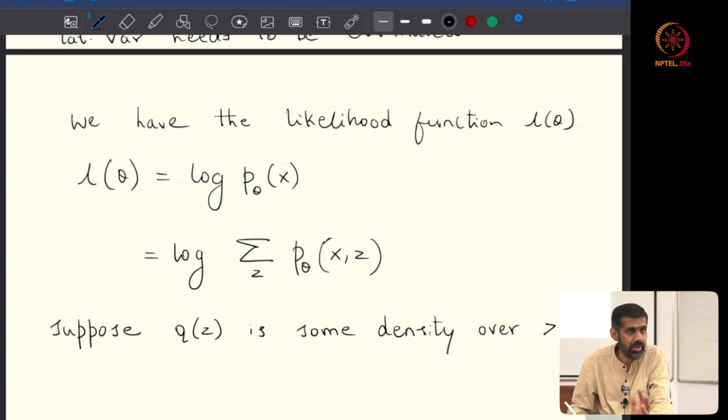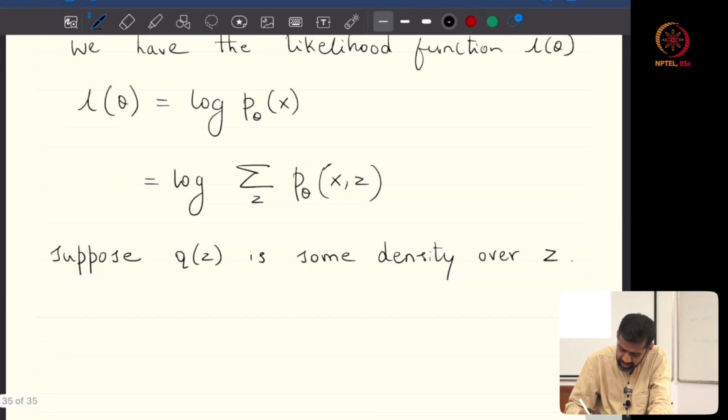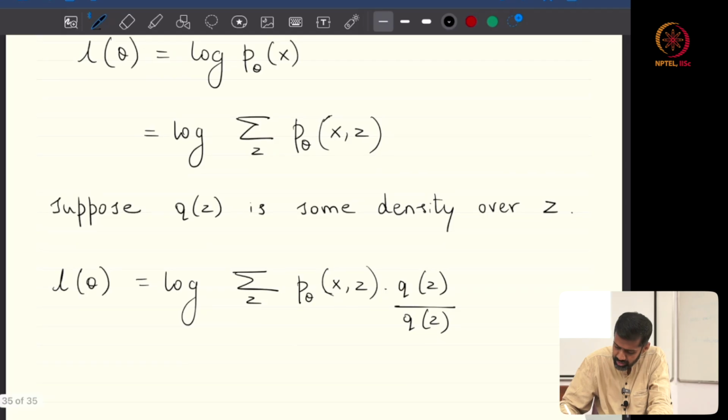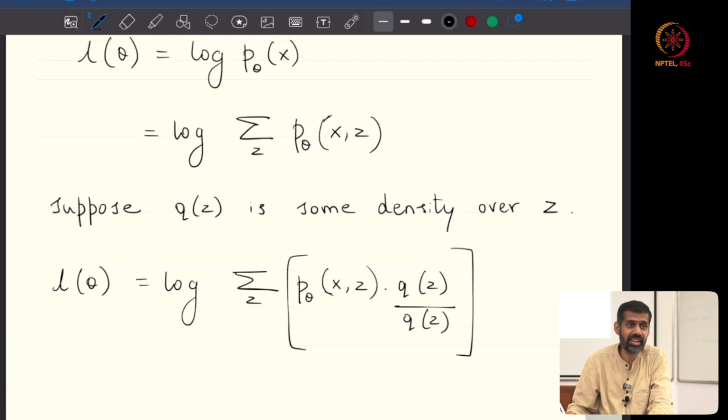Let q(z) represent some density over z, okay. Now what happens, L theta, this is the function that we want to maximize, I will write that as log of sum over z of p theta x and z, and I will just multiply and divide by q(z) to this particular thing. I am simply introducing this density that I want to estimate into the modeling choice, and because the density function is non-negative I can do this and nothing changes, right.